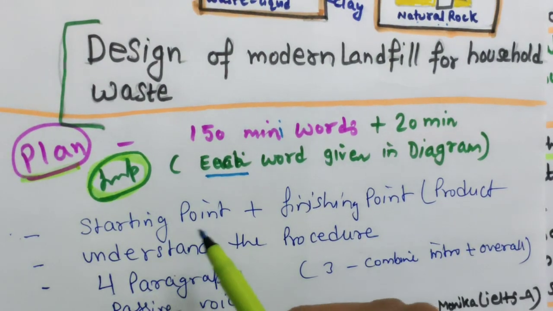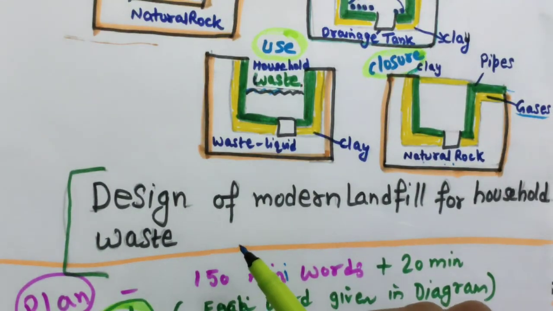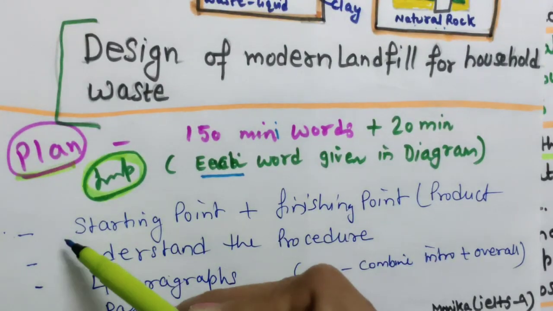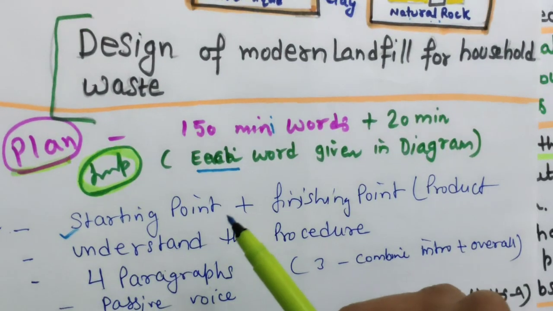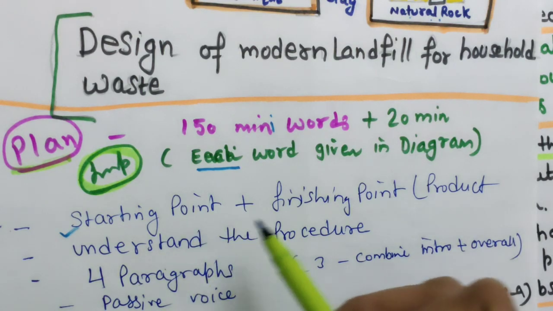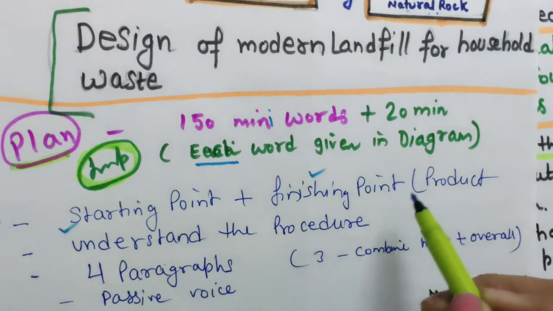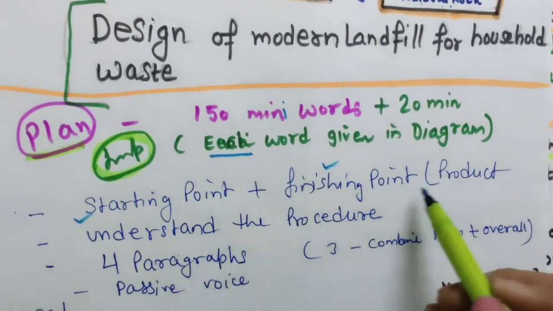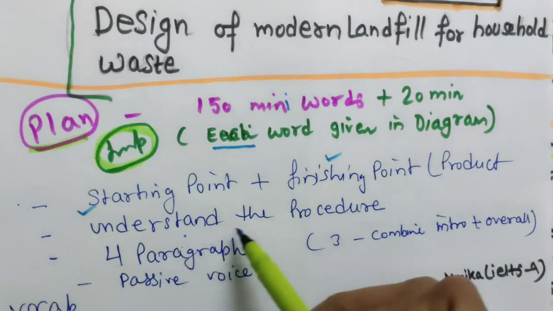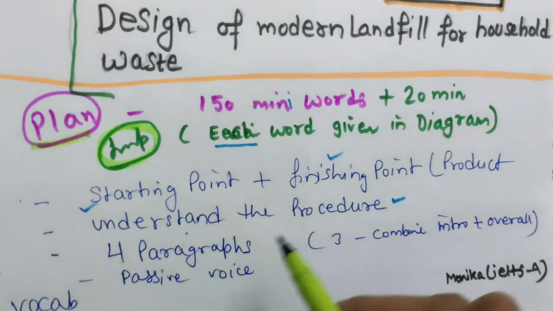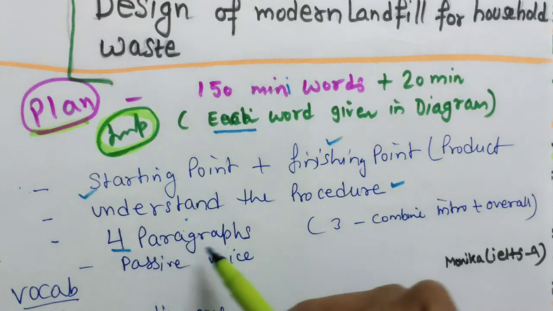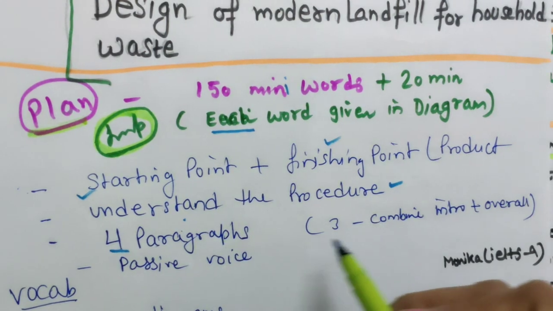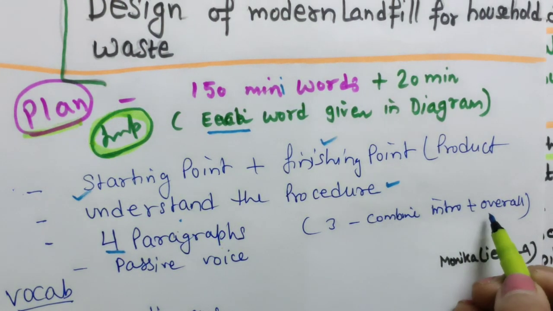In planning, look at the starting point from where the process is going on, the finishing point, and count the steps, finishing point or finished products. Understand the procedure, and of course make 4 paragraphs, or you can combine the intro and overall paragraph.